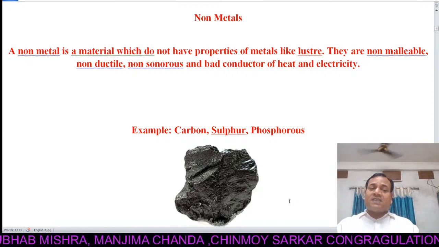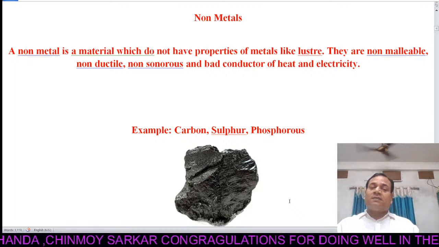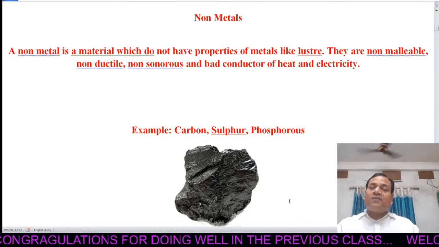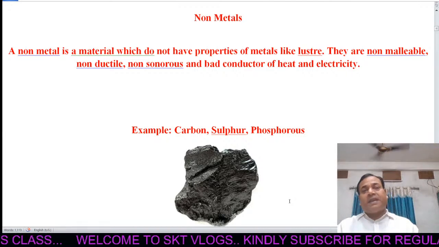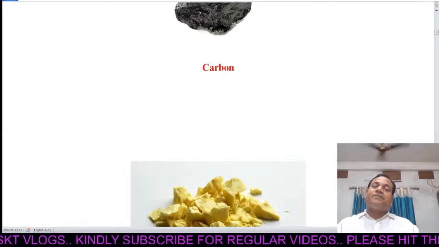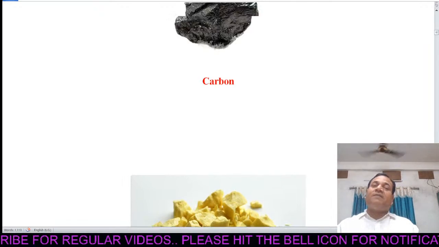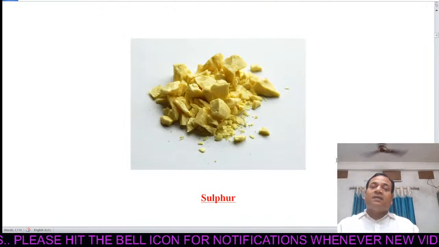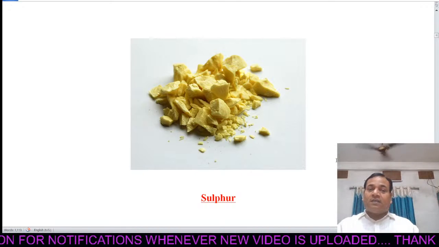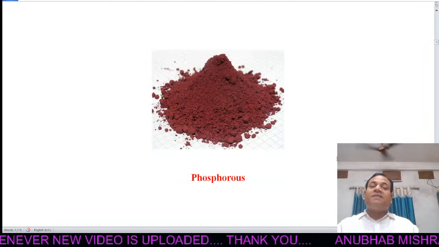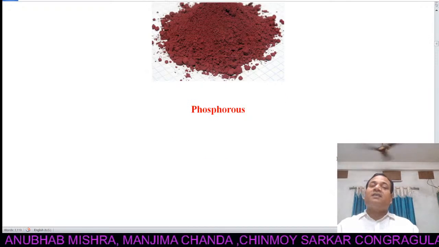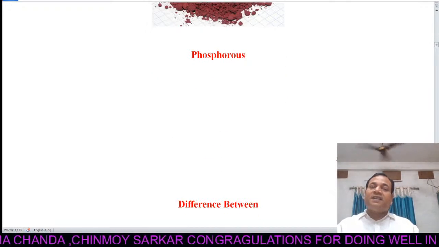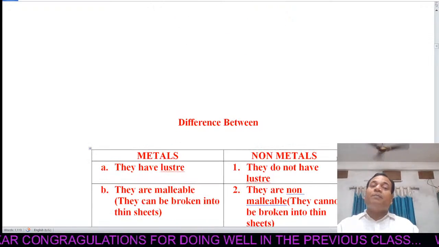Examples of non-metals are carbon, sulfur, phosphorus. Here is a picture of carbon, sulfur and phosphorus. So carbon, sulfur and phosphorus are examples of non-metals.